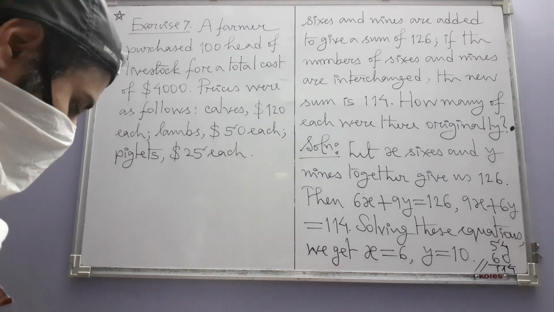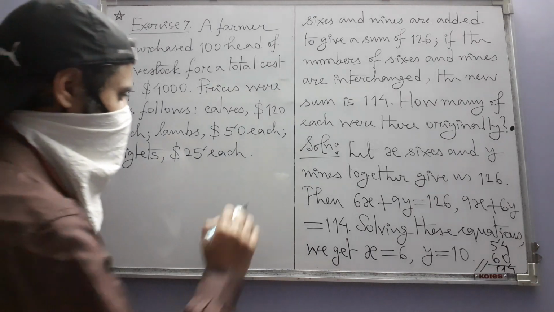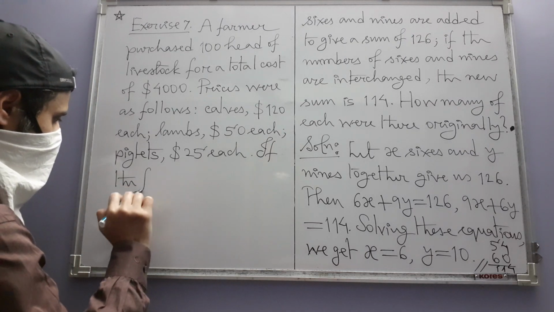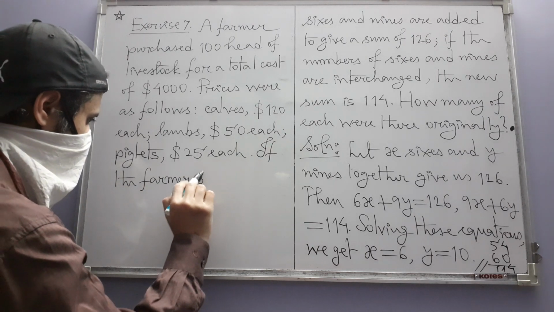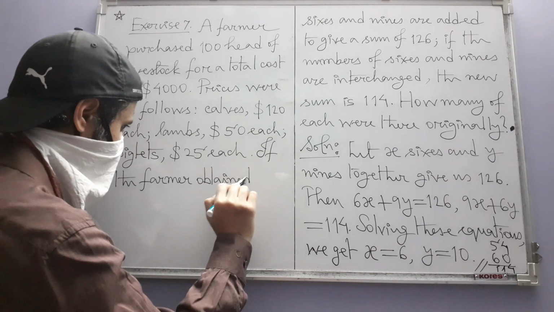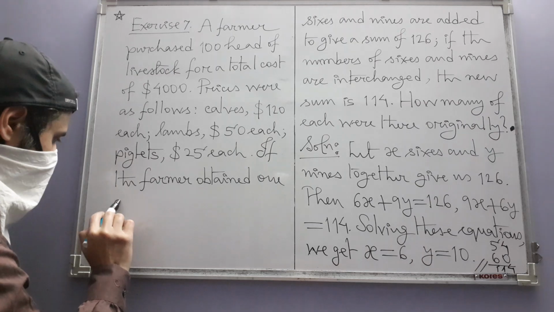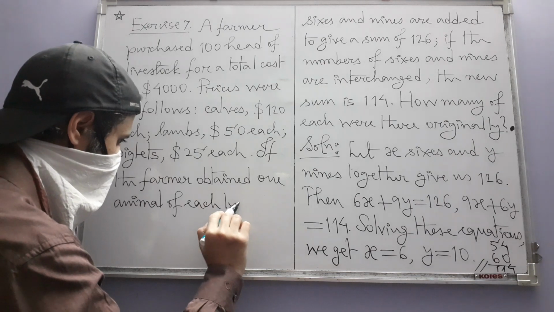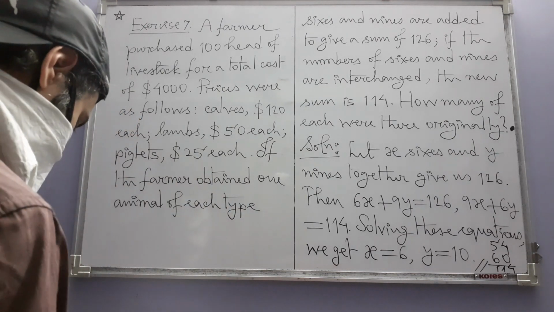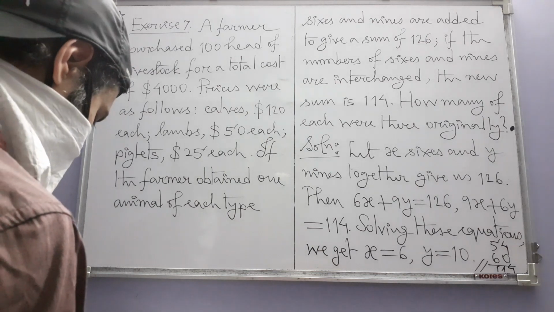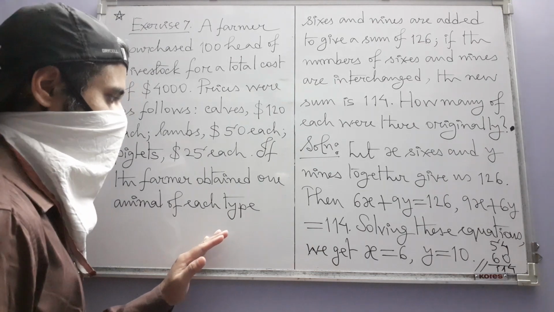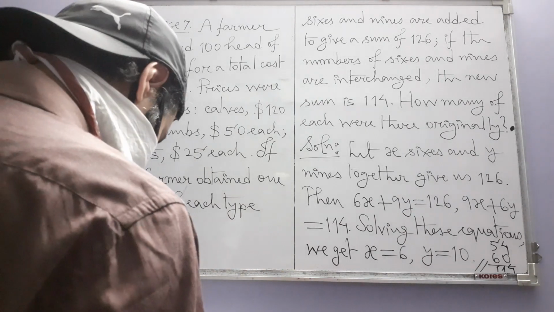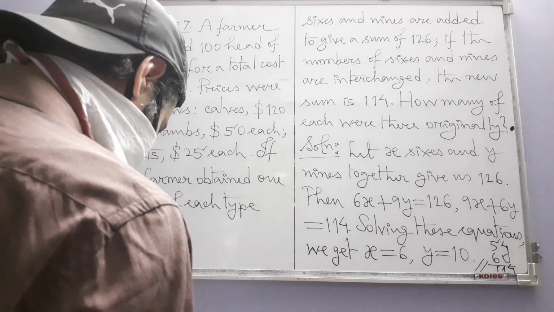If the farmer obtained one animal of each type, okay, one animal of each. Oh, by that the author means that the farmer obtained at least one animal of each type. That's what he means. Then we have to find the numbers, right?